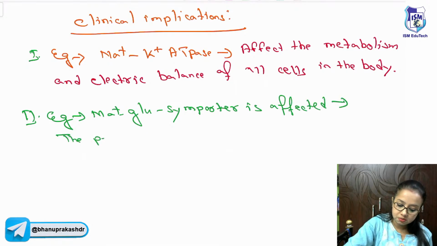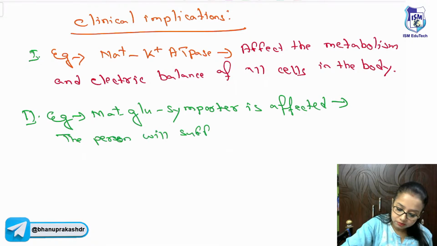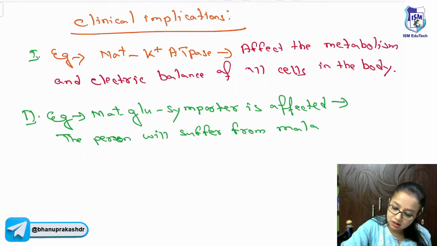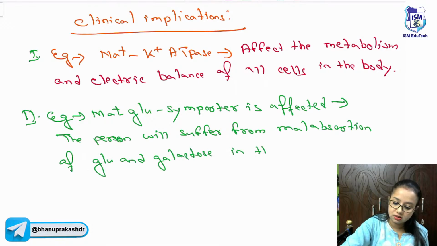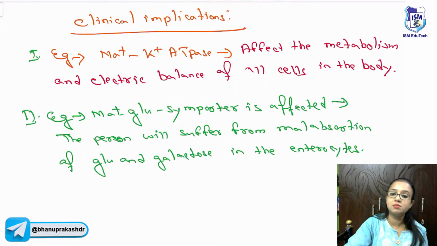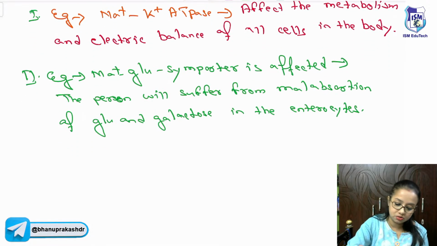The person will suffer from malabsorption of glucose and galactose in the enterocytes, ileum enterocytes. There will be a problem, the transportation will be affected. There will be a problem with absorption of glucose as well as galactose.